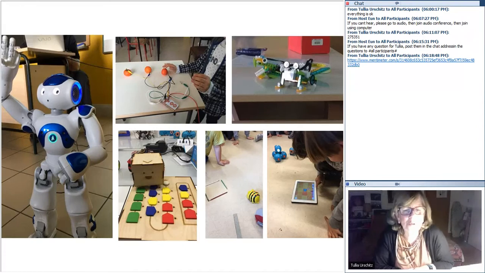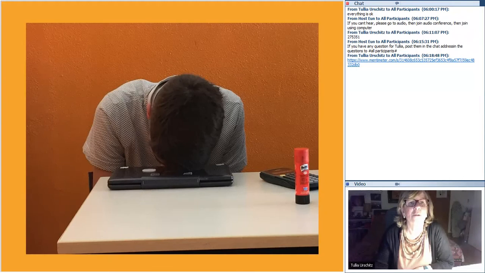So working with robots, and that was what I wanted to tell you, is very nice because the role of error, of mistakes, is completely different. Mistakes are the way in which students can check what they can do better. And it doesn't mean having bad marks, but just checking what is working wrong with the robot.